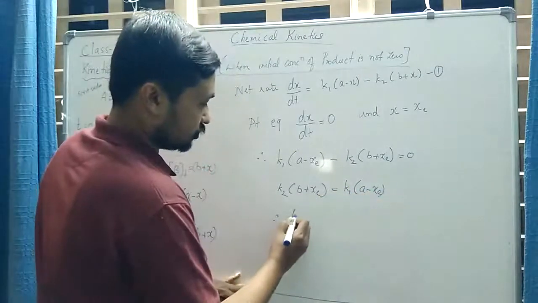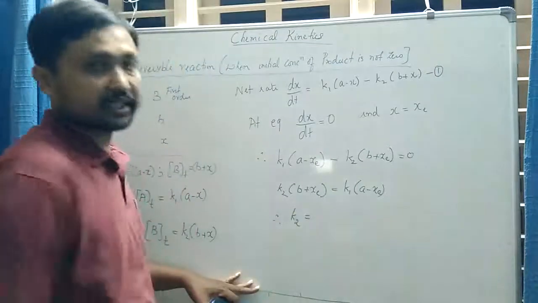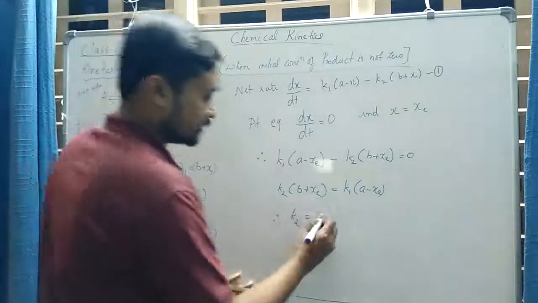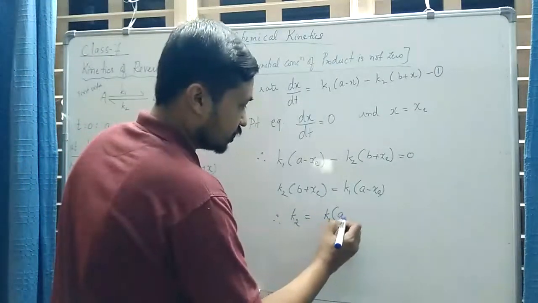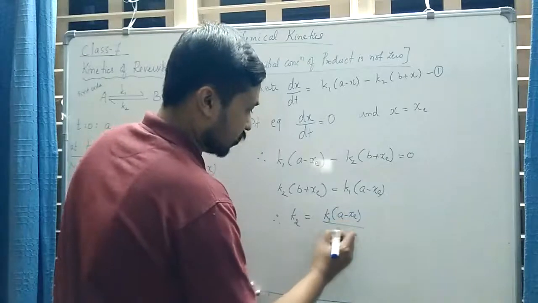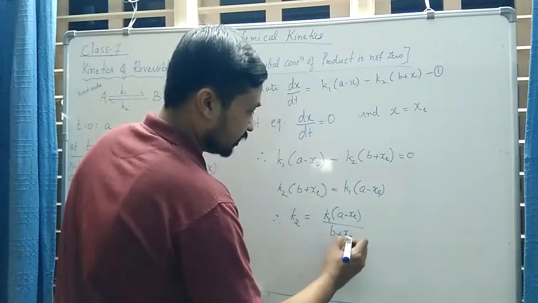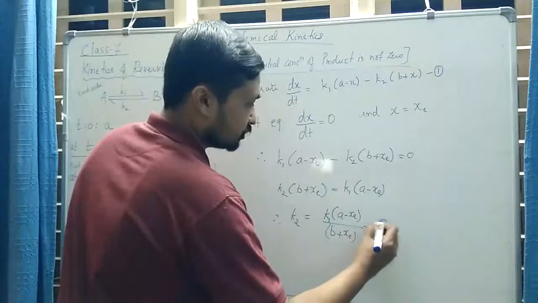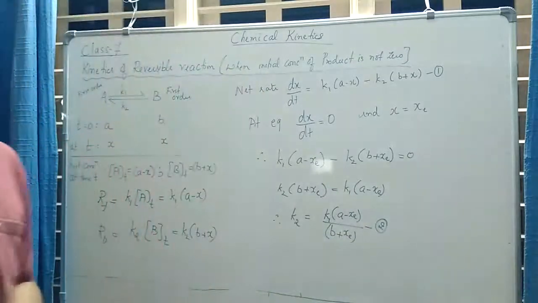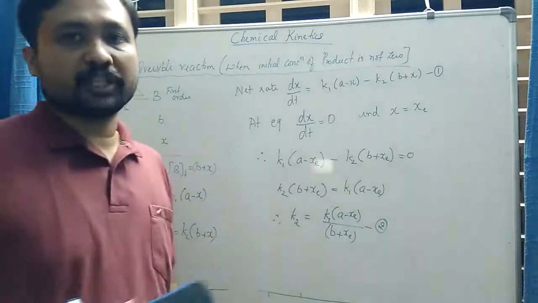So you can write an expression for the rate constant K2 as K1 into A minus Xe divided by B plus Xe. This is the relation between the rate constants K1 and K2 for the forward and backward reaction.